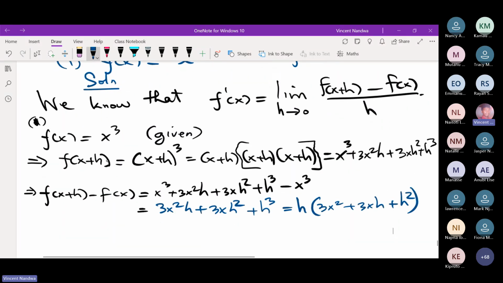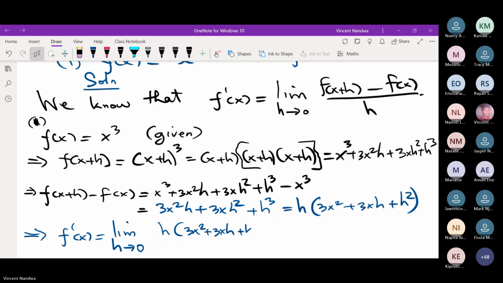So therefore, this implies f prime of x will be limit as h approaches 0. Now the numerator is h into 3x squared plus 3xh plus h squared. Now the denominator remains to be h. So h and h cancels out.